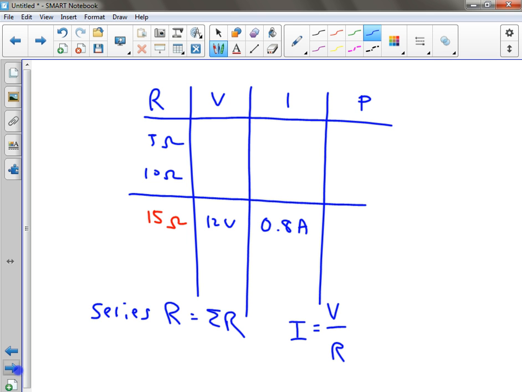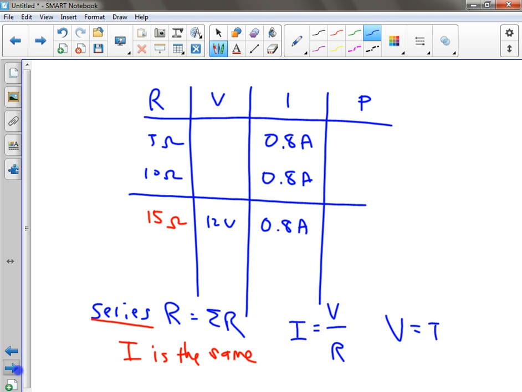In a series circuit, I is the same throughout, which means 0.8 amps is at every location. So if I then do V equals I times R, 0.8 times 5, 0.8 times 10, I end up with 4 volts and 8 volts.